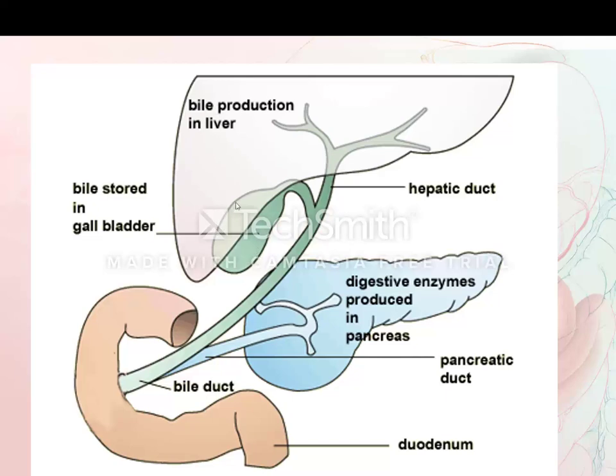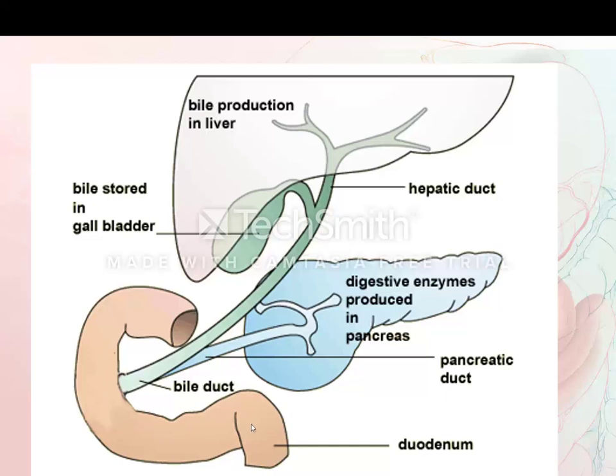Then I have this structure over here, which is the gallbladder. And I have this spinach leaf structure over here that is called the pancreas. Each one of these structures is an accessory organ. Liver, gallbladder, pancreas, all accessory organs that are attached via a duct to the entry of the small intestine.